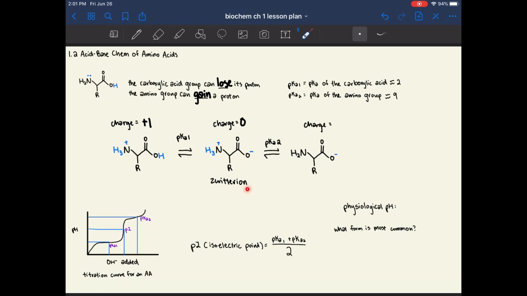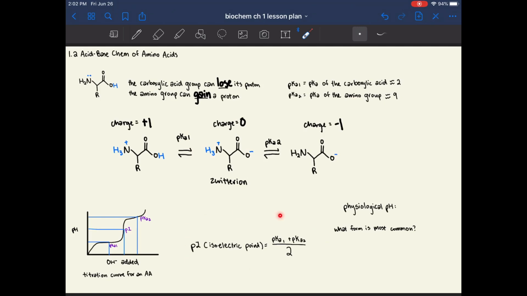So this neutral form of an amino acid is known as the zwitterion, or the zwitterionic form. If we then keep increasing our pH past pK2, which is the pKa of the amine, our amine now deprotonates and our carboxylic acid group stays deprotonated, which gives our amino acid a net charge of -1.